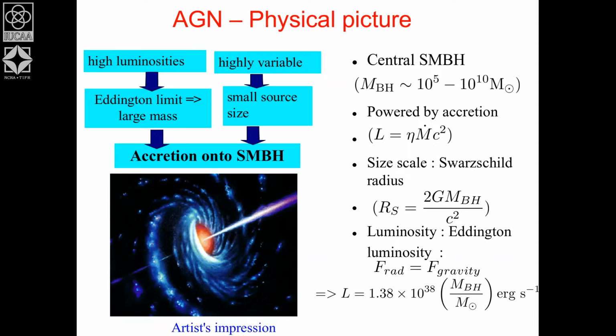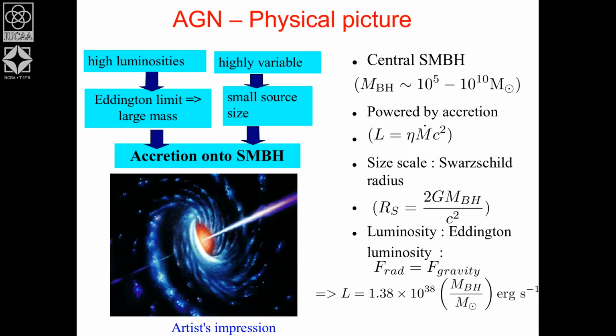Now in AGNs, we are observing something like 10 to the power 44, 10 to the power 45 ergs per second. So if you substitute, let's say, 10 to the power 46 ergs per second or so, then you automatically get a huge mass, 10 to the power 8 solar mass or so. If it is 10 to the power 48 ergs per second, then you get 10 to the power 10 solar mass.